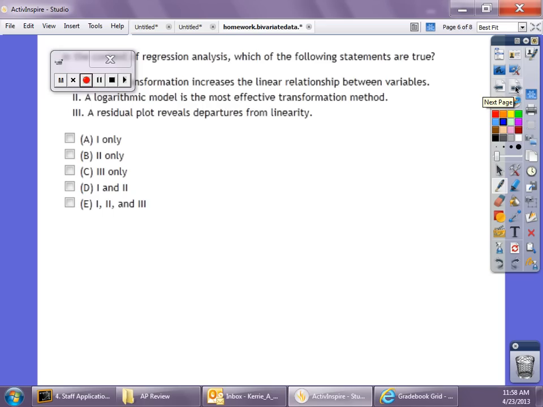Next question. This deals with linear transformations. It's important to note that doing a linear transformation does not change the linearity of the relationship. It preserves the relationship. Okay? So linear transformation preserves it.